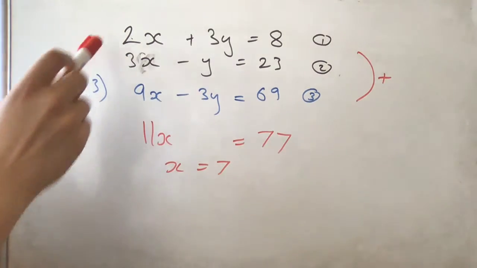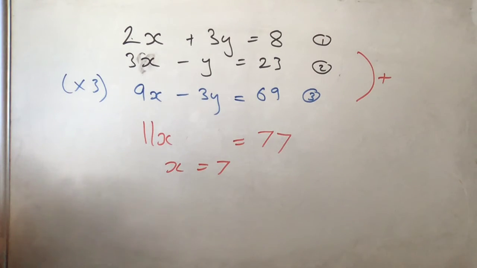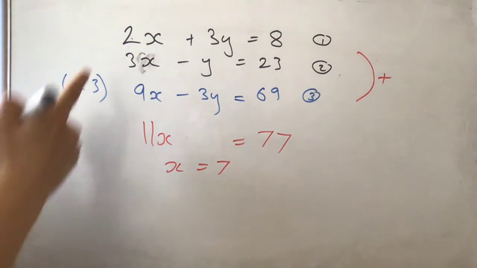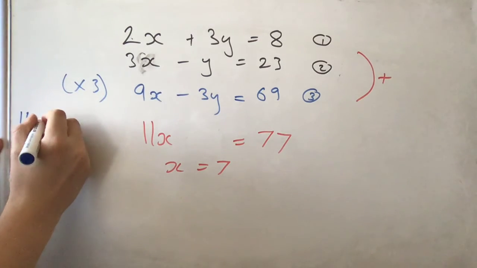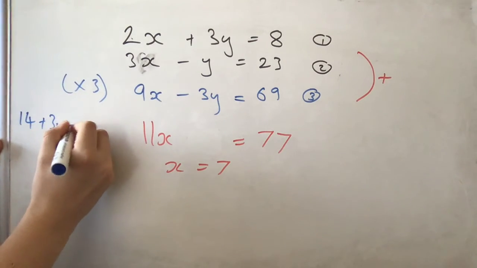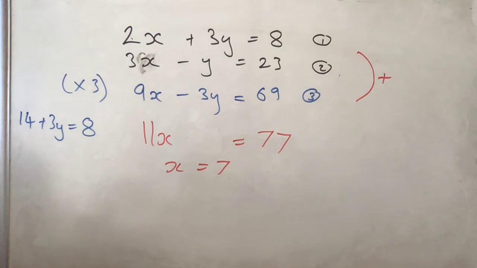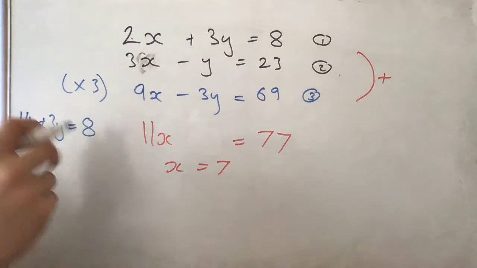Okay, so let's do this over here. Let's say then 2 times x, so 2 times 7 is going to be 14, plus 3y equals 8. Very simply now we want to rearrange the equation so that we get y on its own.